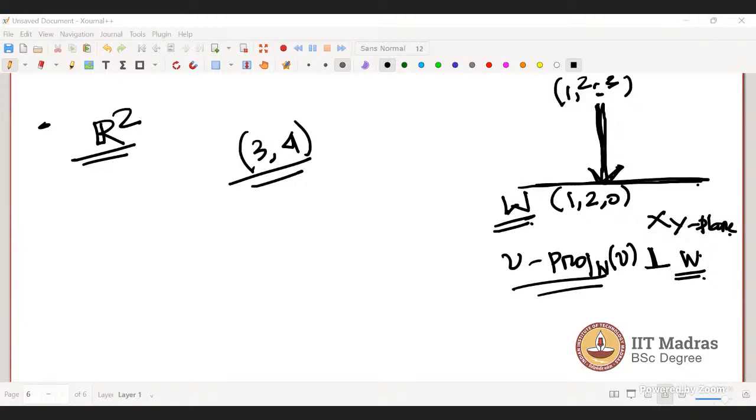So for question number 5, you need to find the projection of x in the direction perpendicular to 3, 4. So I find any vector perpendicular to 3, 4, and then you project 1, 2 in the direction of that vector. Is it clear? You just need to find a vector which is perpendicular to 3, 4.